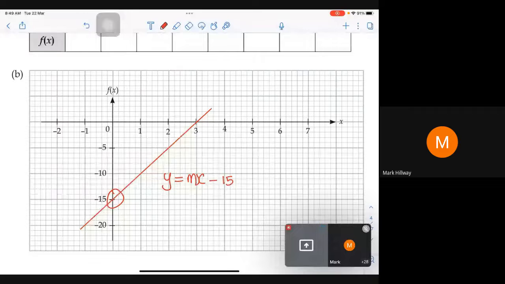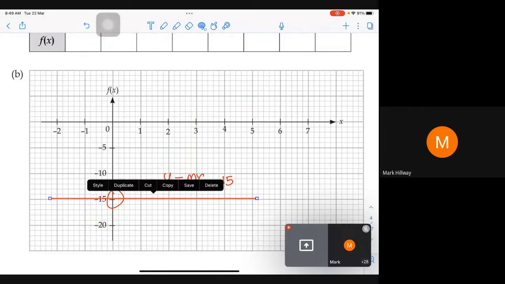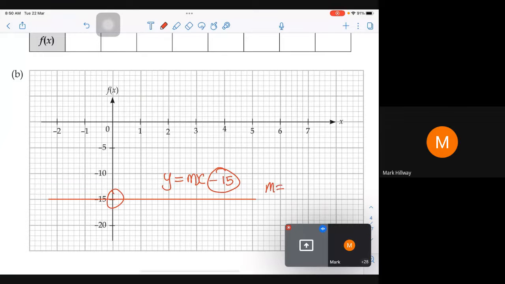Okay, now if I move the line here, is the y-intercept still negative 15? Yes. But the gradient is 0. So y equal to 0x minus 15. So y equal to negative 15. So this one is negative 15. Understand?